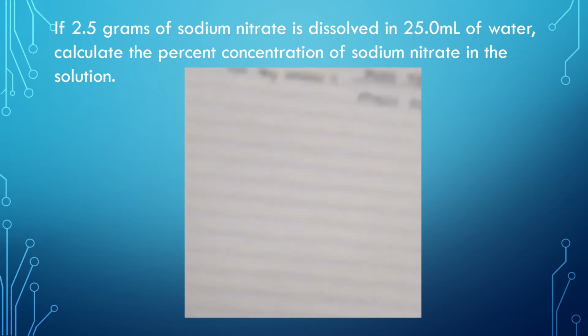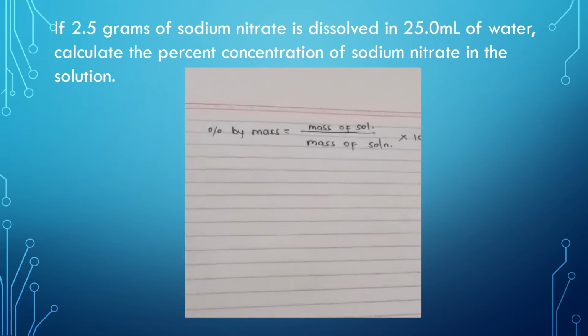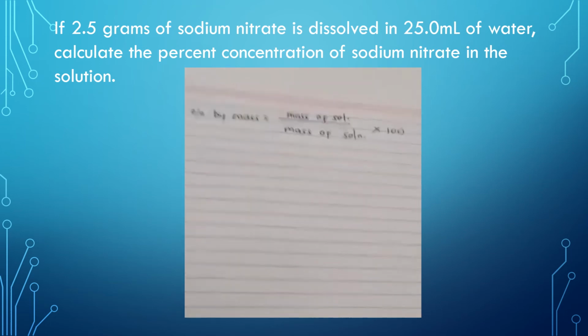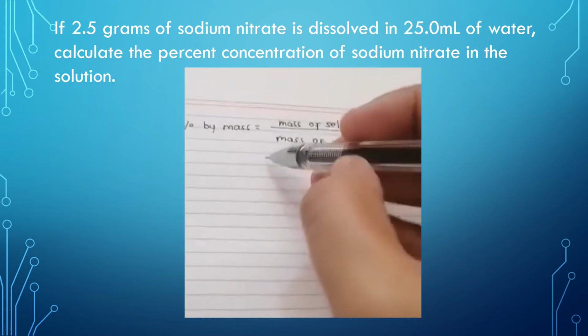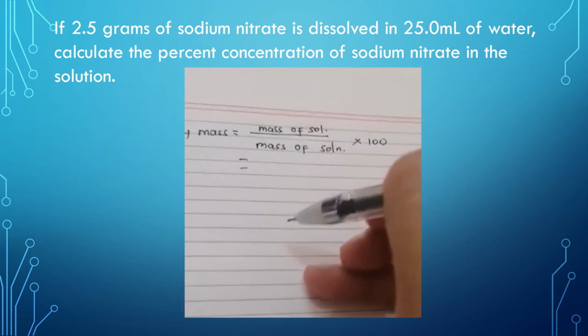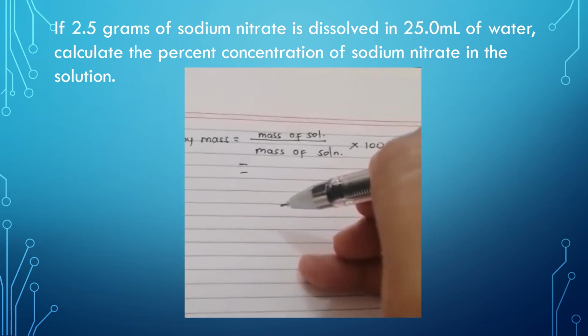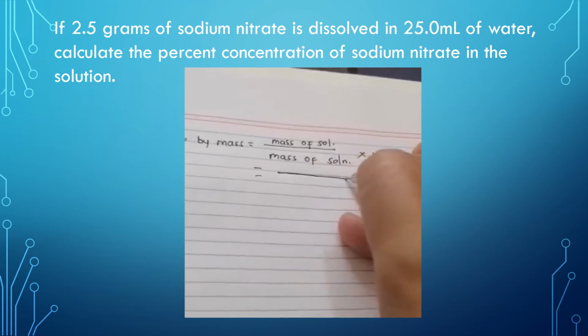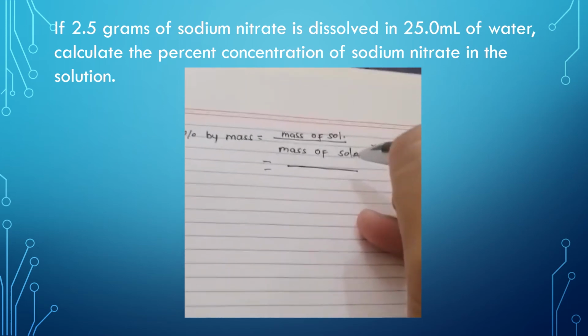The formula we will use is percent by mass. Our formula is percent by mass is equal to the mass of solute over the mass of solution times 100. Next is to substitute the value.